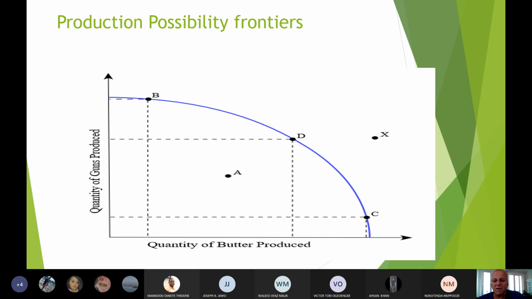Then the quantity for butter is sufficiently consumed in the domestic market, but the rest of the guns which is not consumed can be produced and exported to the other destination.